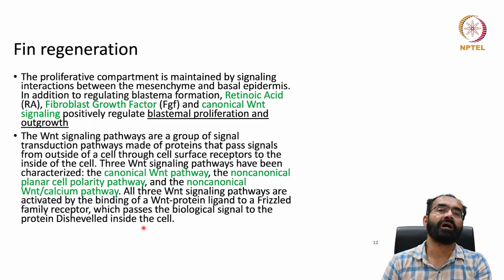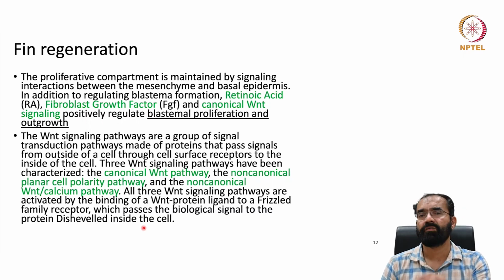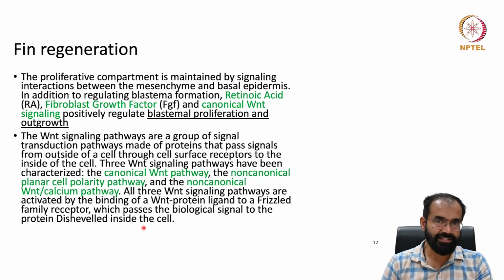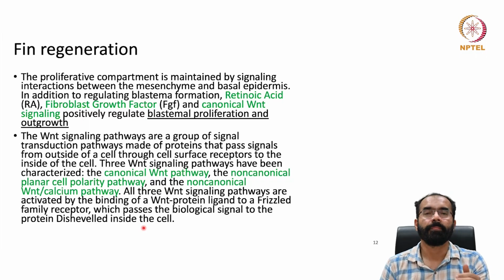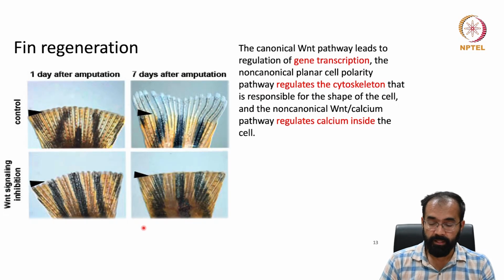Disheveled is part of the destruction complex, which normally degrades the beta-catenin. Once the disheveled is hijacked by this frizzled, then the degradation of beta-catenin is prevented, hence it will go to the nucleus in a typical canonical Wnt signaling event.